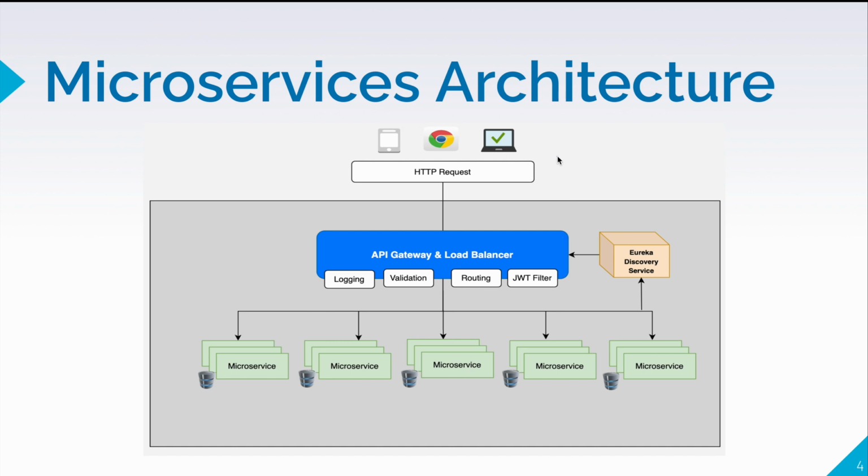Now as you can see in this diagram, there are a lot of components, and I'll get into the details of each component in different videos, but for now, there is an API gateway and load balancer, there is a Eureka discovery service, and I have multiple microservices.